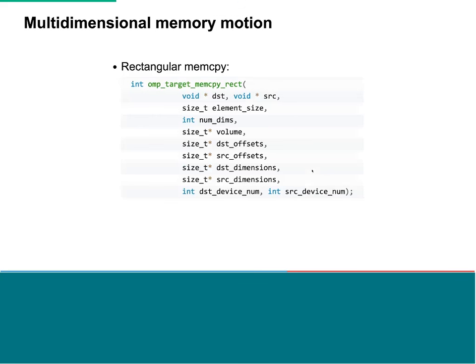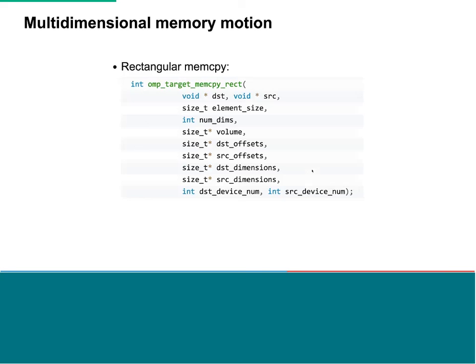In addition to the traditional memcopy interface, we also have a rectangular memcopy. That's what we call it. This is a multi-dimensional copy that can be done in one operation.